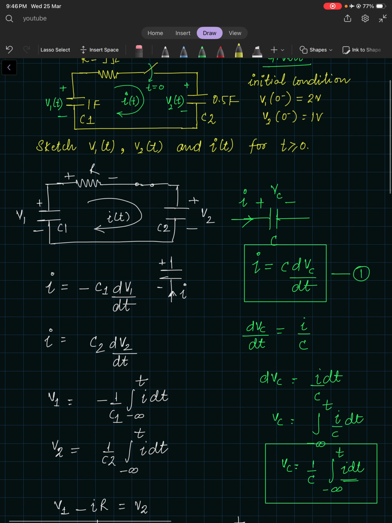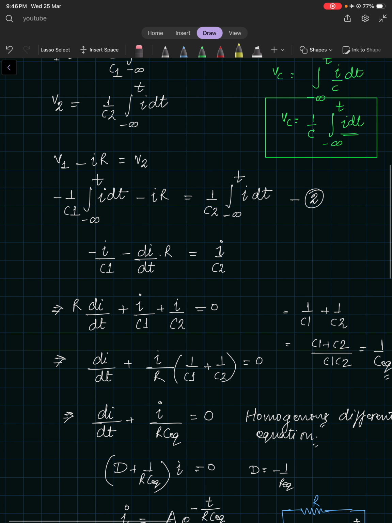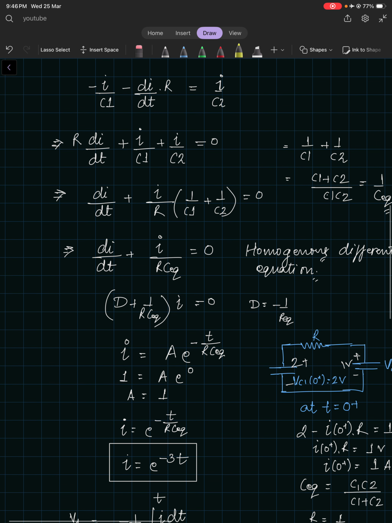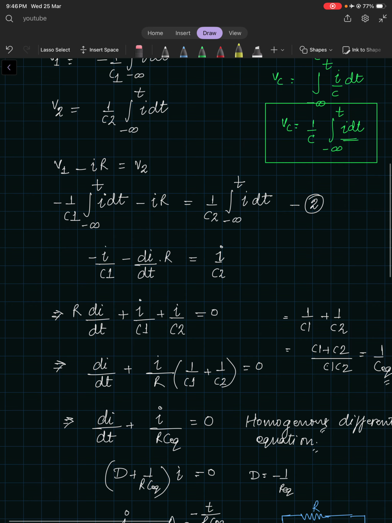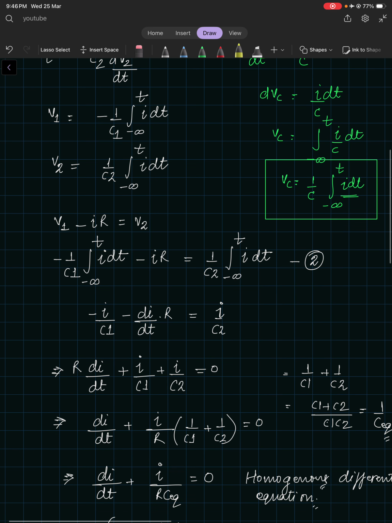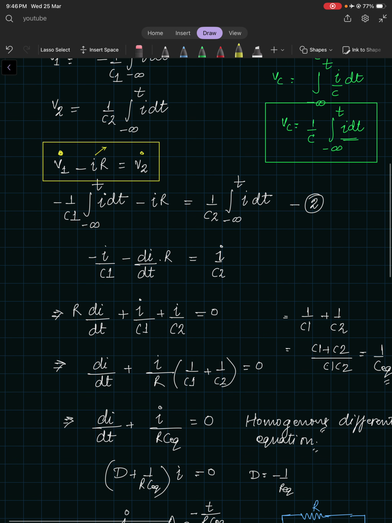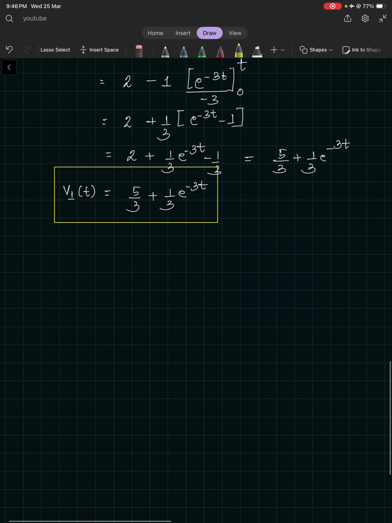Now for finding v2, there are two ways, I think. Why am I saying two? Because I will write it right now. I'm scrolling, it can confuse you, but I will write it again. See, here I have already found this I(t), and I have already calculated this v1(t), so you can directly calculate v2.